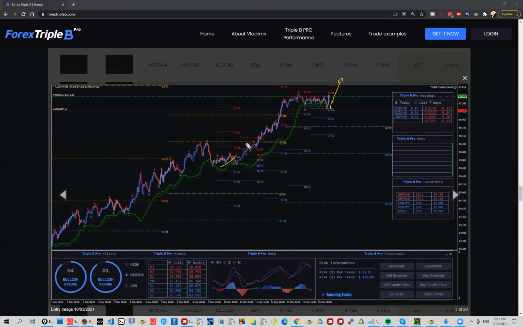So again, we have very strong and powerful momentum coming closer to this zone, and this is where the price started consolidating. This is also the place where we have the daily pivot. I'm not sure if you can see it, but basically that's the line. And below the daily pivot, we have daily support one right here.